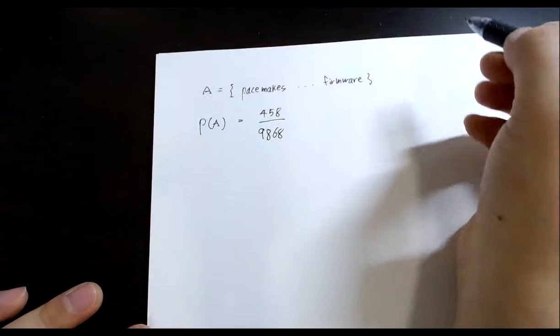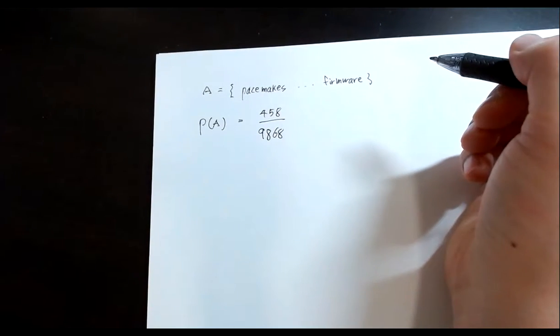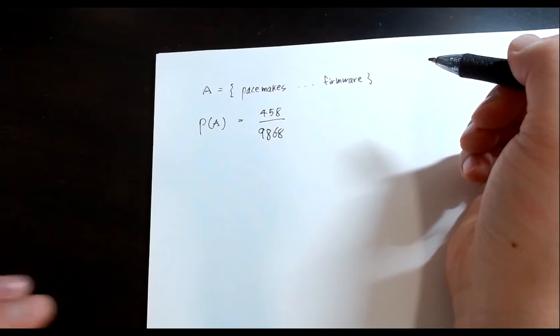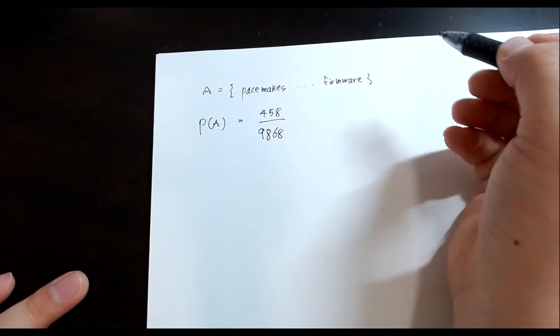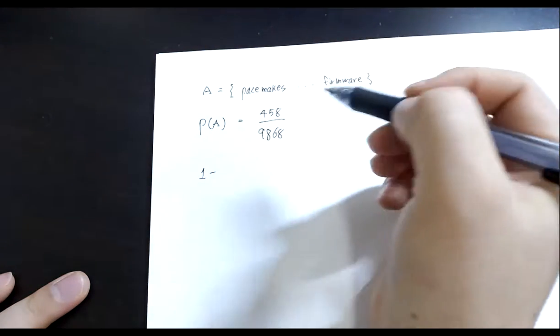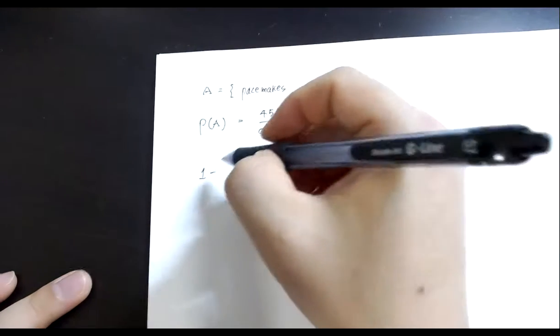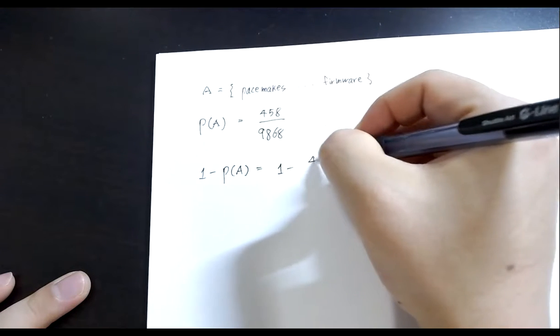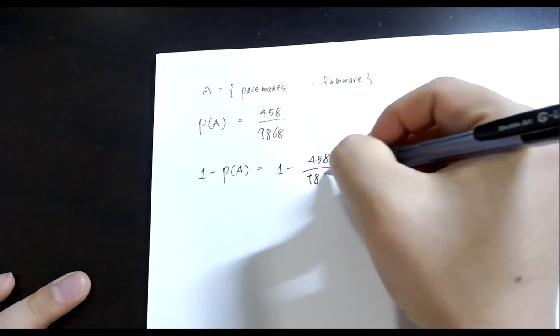Now we want the probability that a single randomly selected pacemaker is not caused by the formula, which, using the rule for complement, is 1 minus the probability of A. This is going to be 1 minus 458 over 9,868.